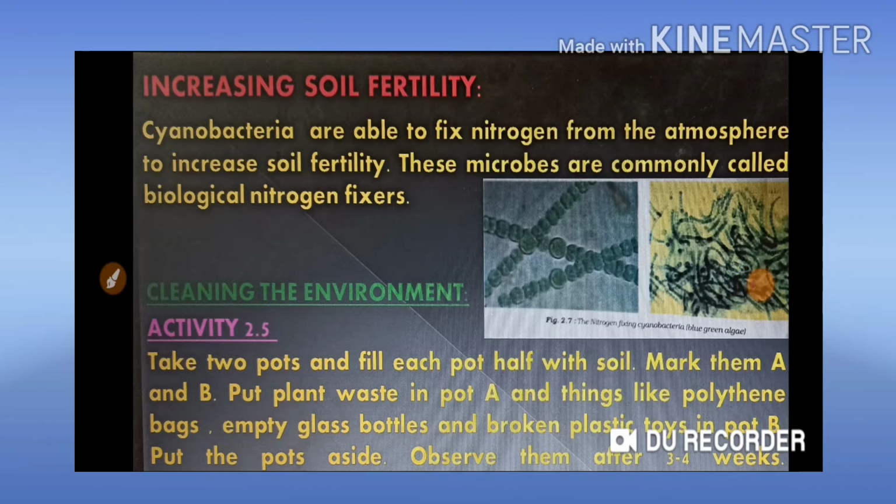Friends, in the last session, we discussed the commercial use of microorganisms and also the medicinal use of microorganisms, and two important scientists: Alexander Fleming, who worked on the antibiotic penicillin, and Edward Jenner, who discovered the vaccination for smallpox in the year 1798.